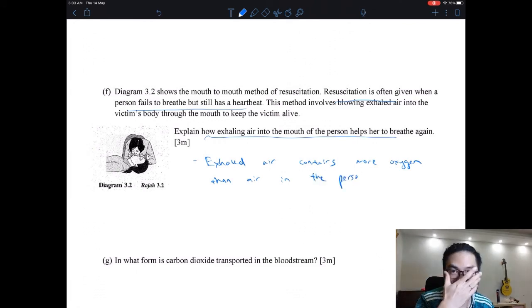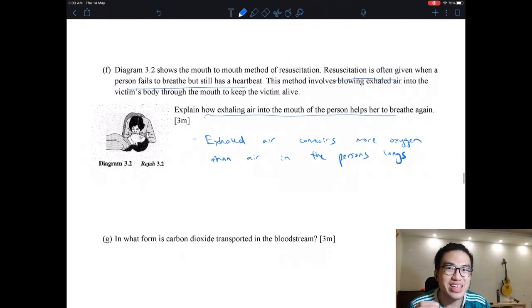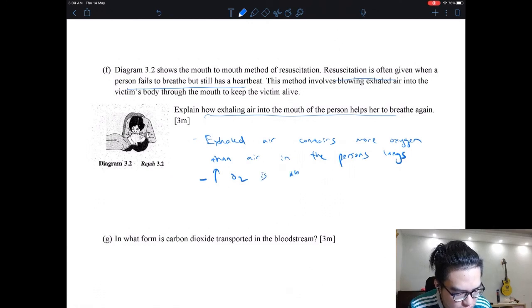Okay, so I know when I breathe out I only have 16%, but the person has actually less because the heart is working but the lungs are not. Okay, so higher oxygen content is able to diffuse into blood vessels, or blood capillaries.